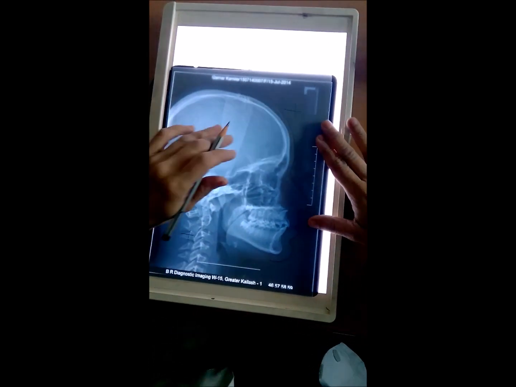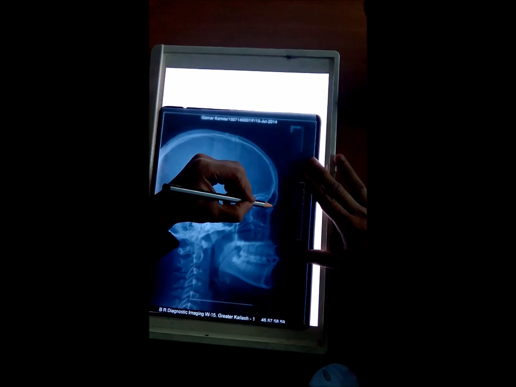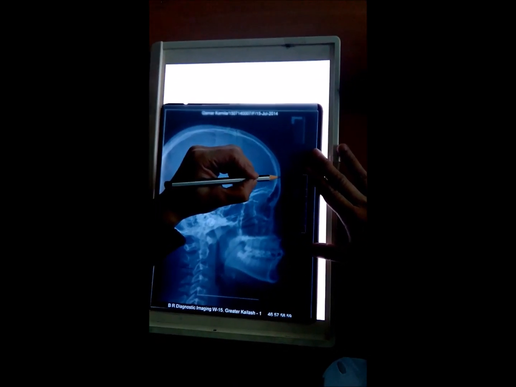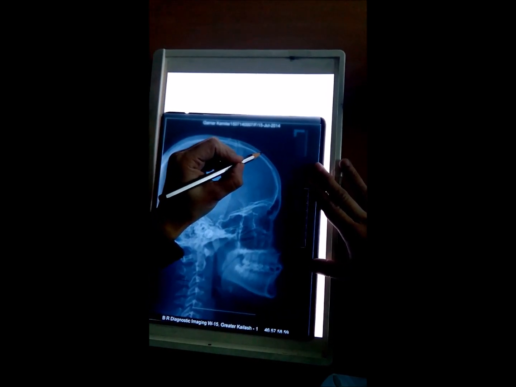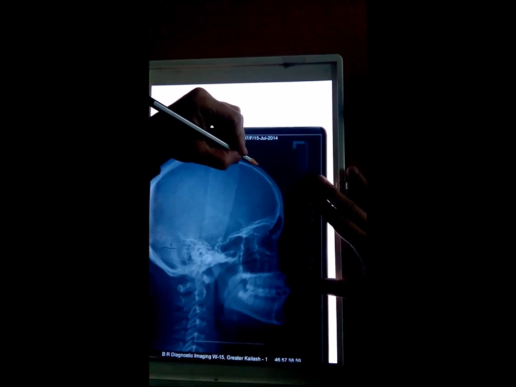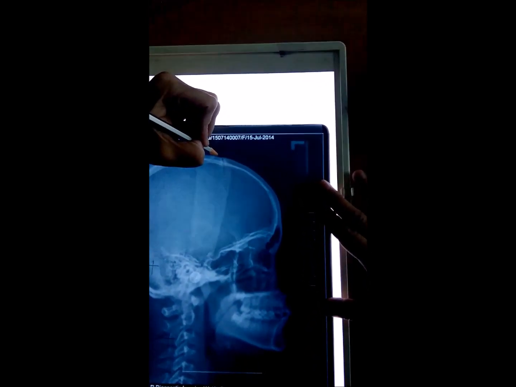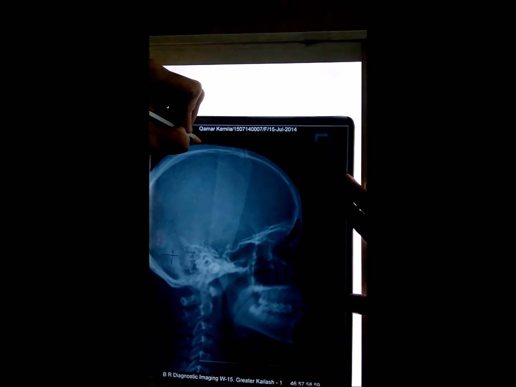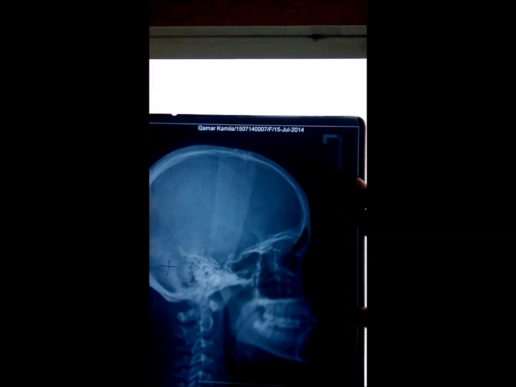Then the next is that you have to trace the cranium. Try not removing your hand too many times because it has to be a smooth line.